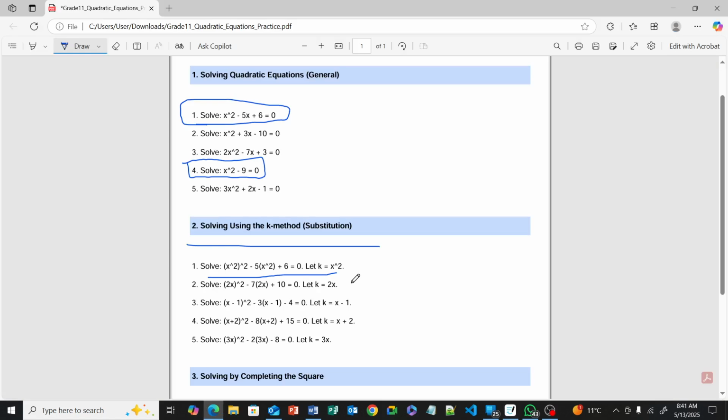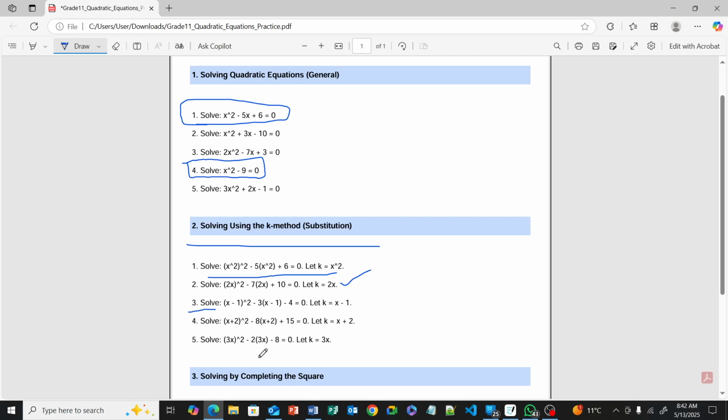So that one is similar to number 2. Now let us look at number 3. I'm going to solve number 3.